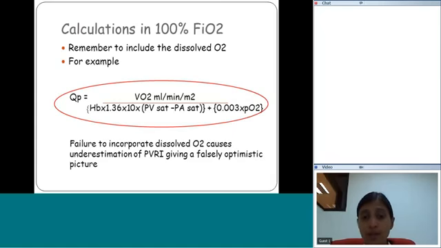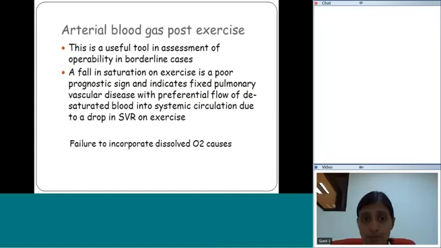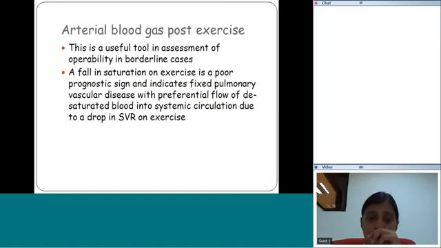Just a few minutes on a few other things that can be done. More recently, some literature was published from Amrita Institute on the value of arterial blood gas assessment post exercise. Taking a cohort of ASD patients with pulmonary hypertension, in borderline operability cases, when they exercised the patient, a fall in saturation on exercise was a poor prognostic factor.